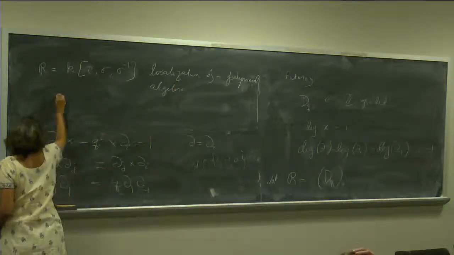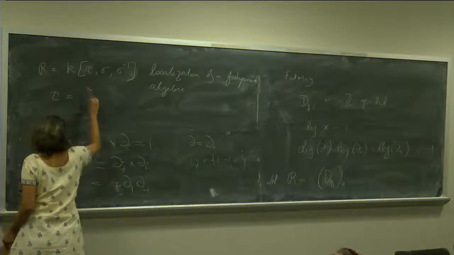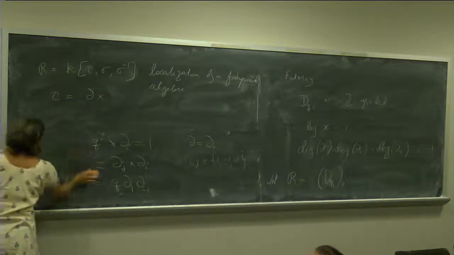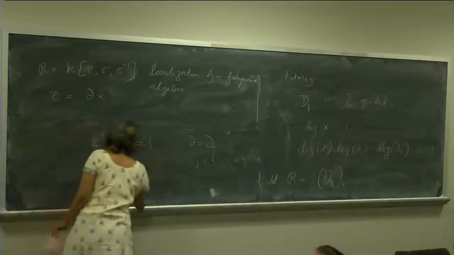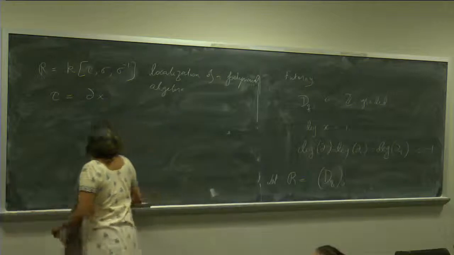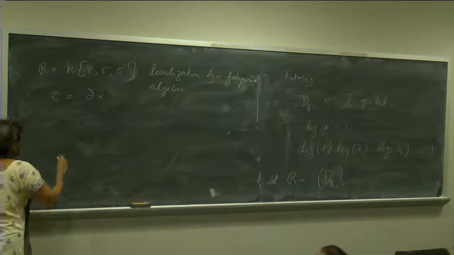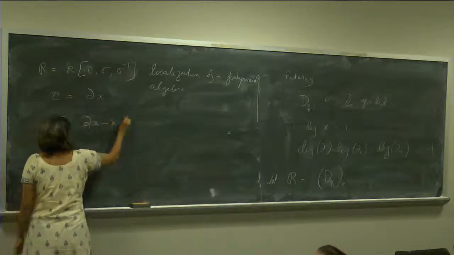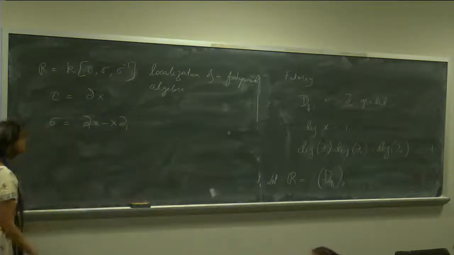What is tau? Tau is the usual one. Sigma is del 1 x minus x del 1. This is degree 0.